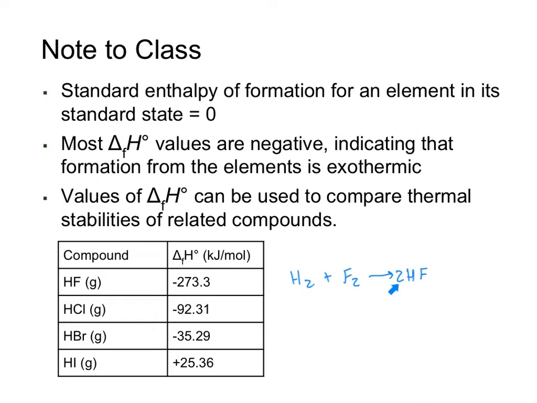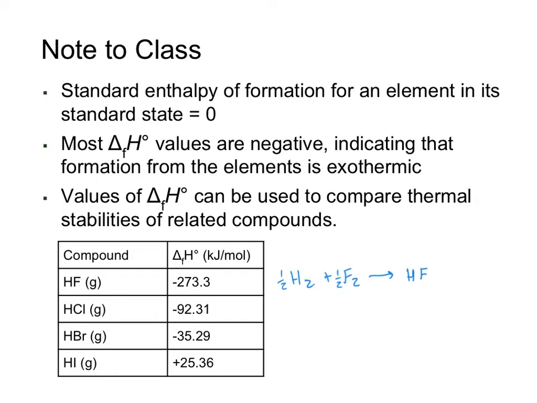So we want to change this to 1 mole of HF, meaning we are actually going to look at 1/2 H2 plus 1/2 F2 will react to give us 1 mole of HF. And that process will release 273.3 kilojoules of energy.